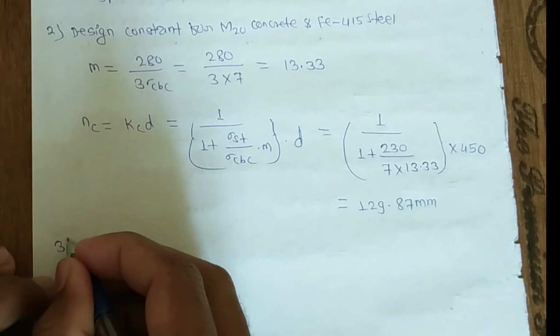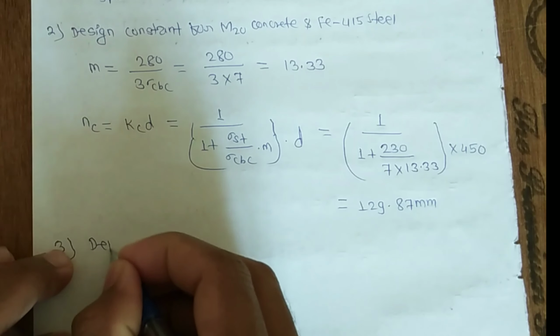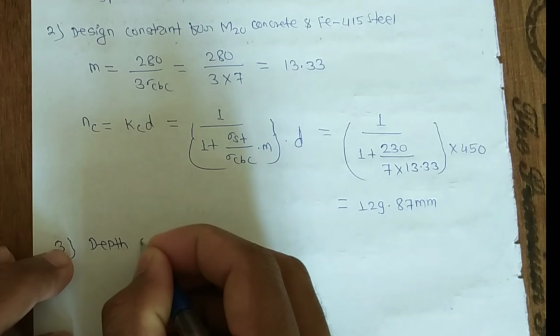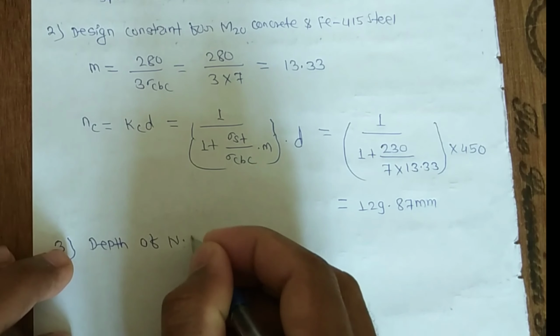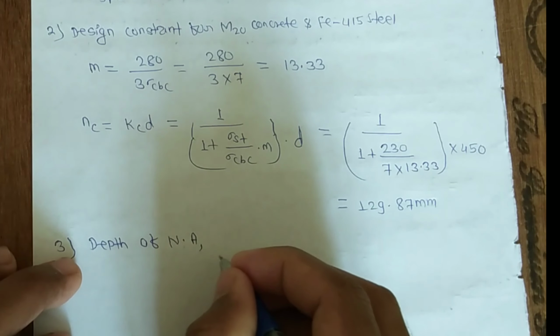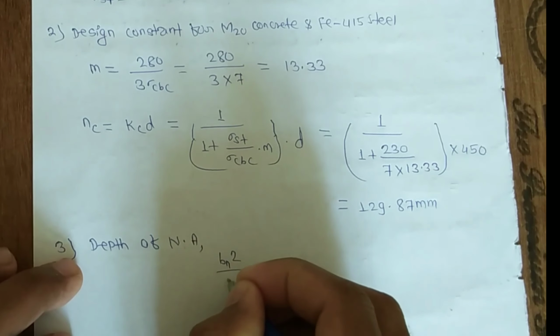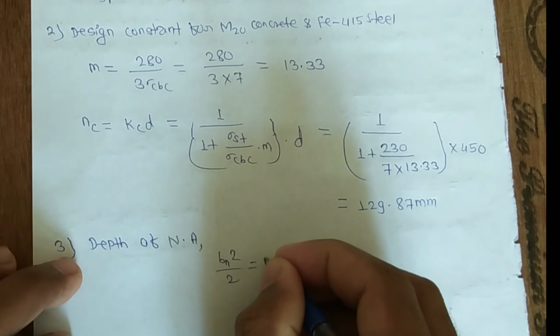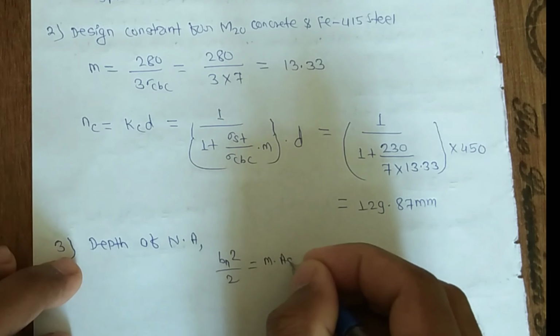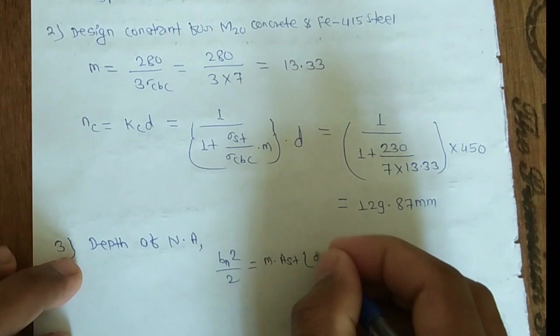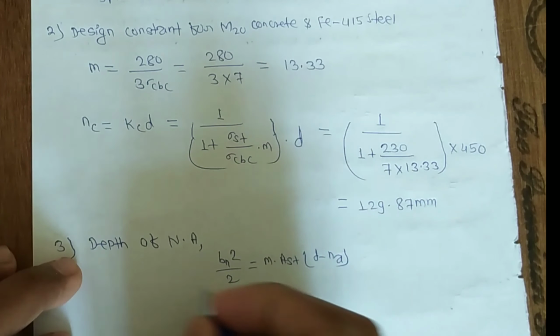Third, we have to calculate the depth of the neutral axis. We know the formula: b na square by 2 is equal to m into Ast into d minus na.